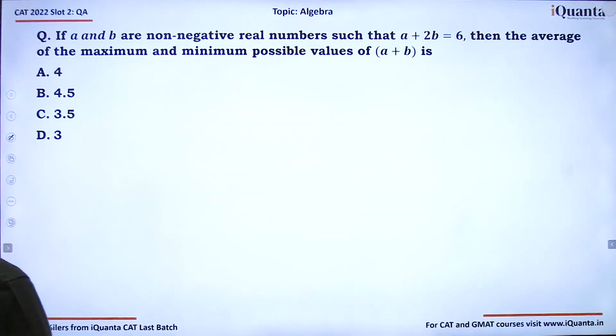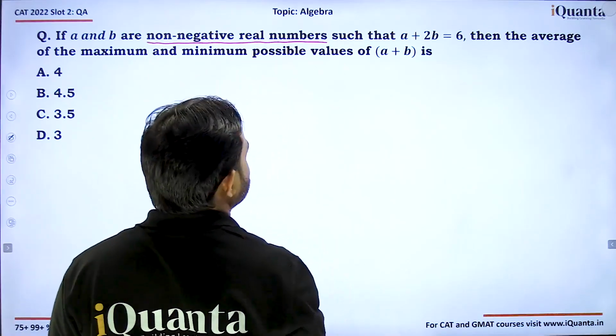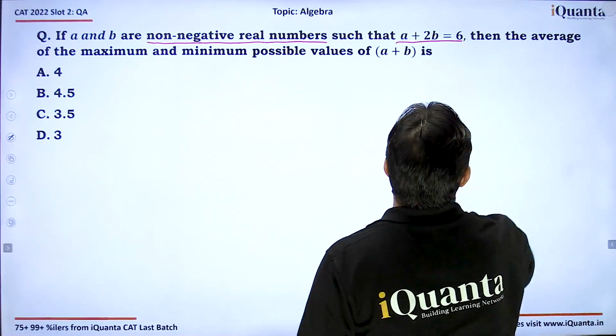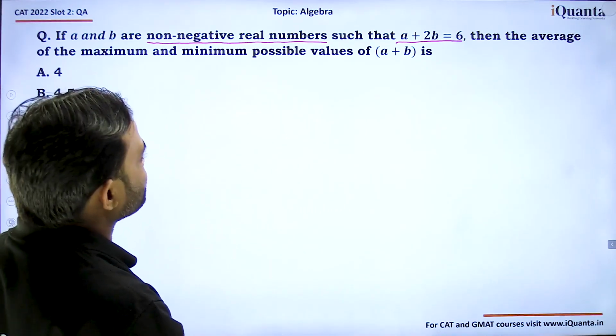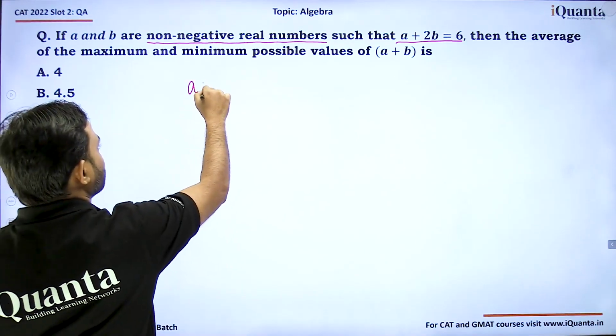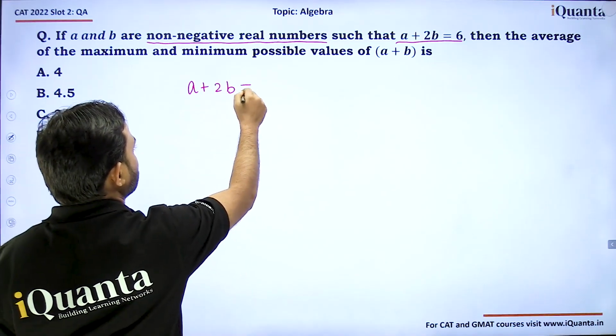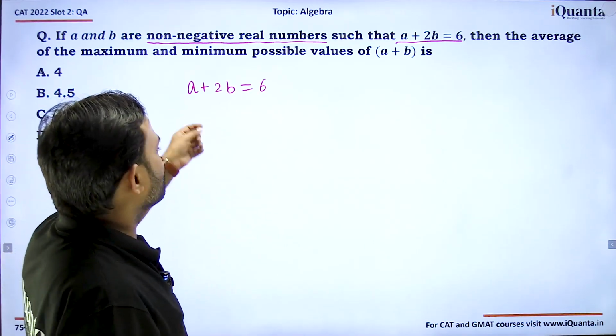Next question, it says if A and B are non-negative real numbers such that A plus 2B is equal to 6, then the average of the maximum and minimum possible value of A plus B is. So what do we know? A plus 2B is equal to 6. Now coefficient of A is 1, coefficient of B is 2.